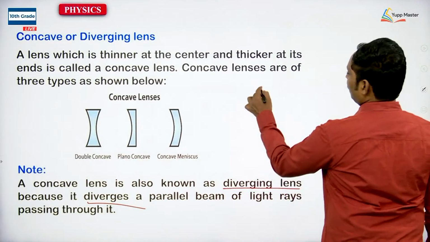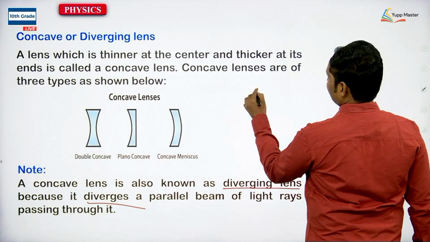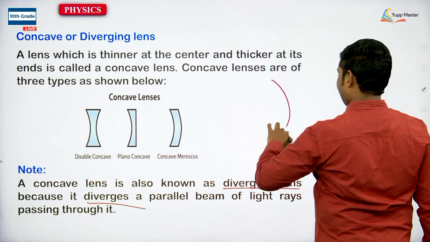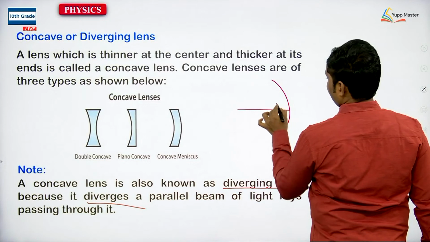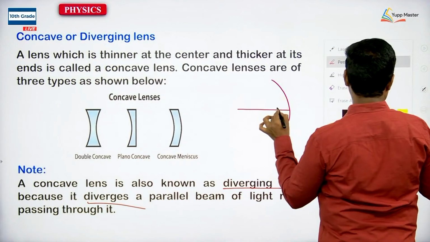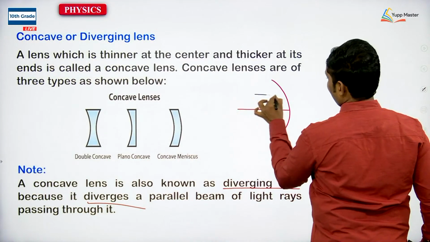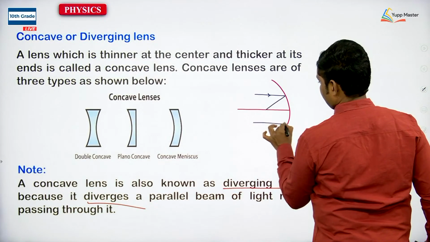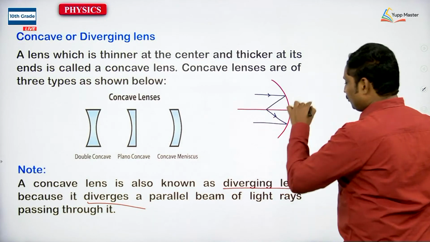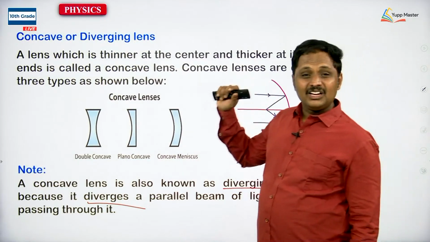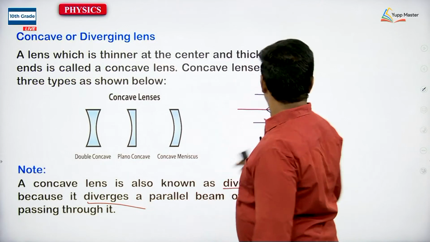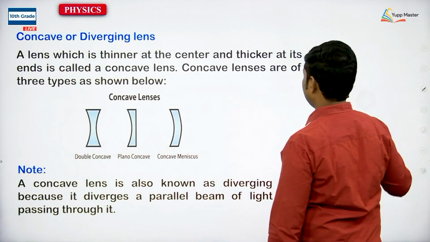If you talk about a concave mirror, this is a mirror. After the light rays are incident, they are going to meet at one point. Suppose you take a concave lens, that is a different case. Please see that.